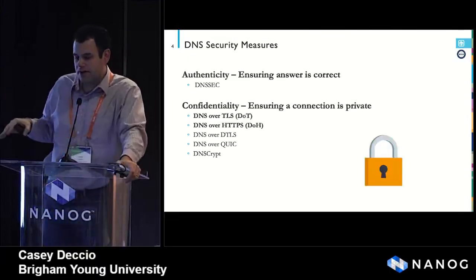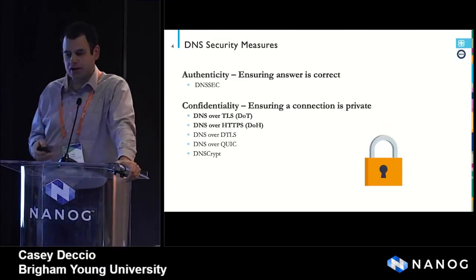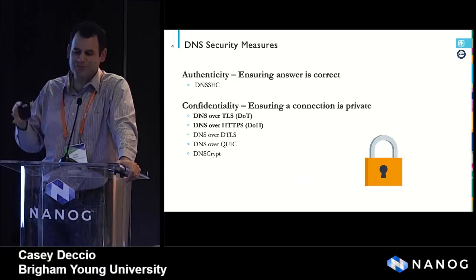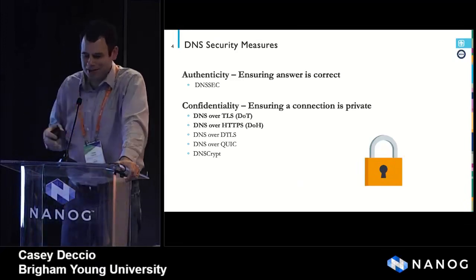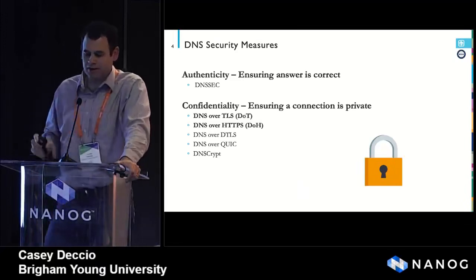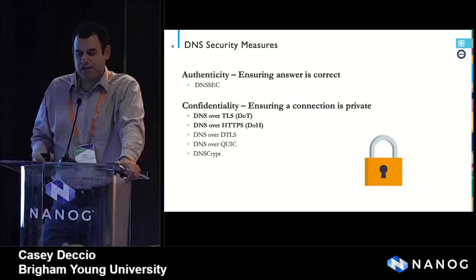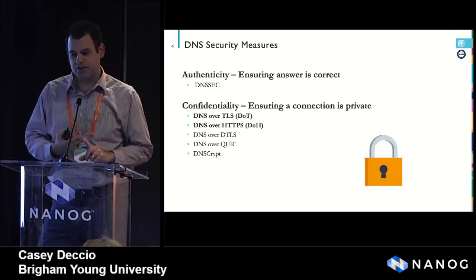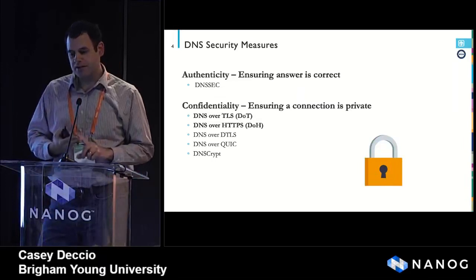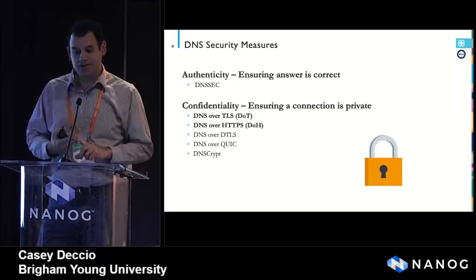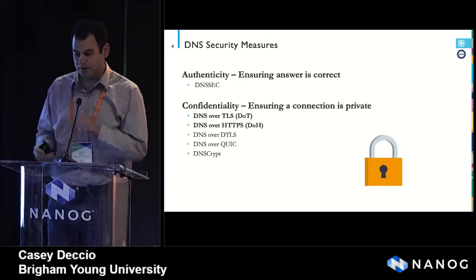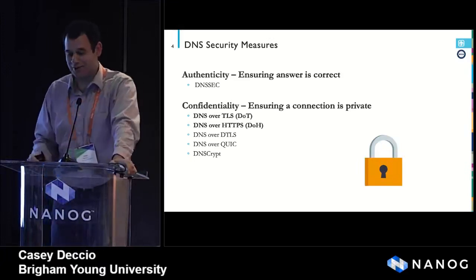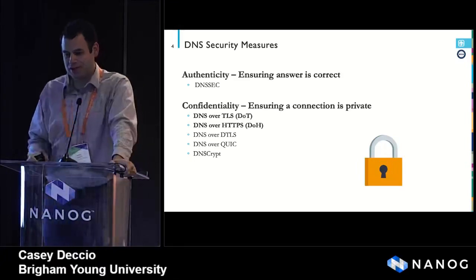The other category is ensuring confidentiality. Okay, and again, depending on how you put these together, there could be some amount of authenticity as well, but I'm not going to distinguish a lot of that today. But in terms of this list, we have things like DNS over TLS, which I'll talk about more, DNS over HTTPS, DNS over DTLS, DNS over QUIC, and DNSCrypt. Okay. DNSCurve is not on my list here, but that was also an item that was mentioned in the previous talk.